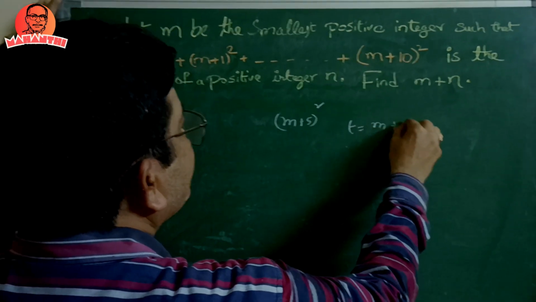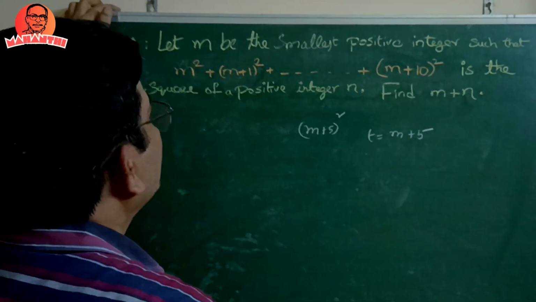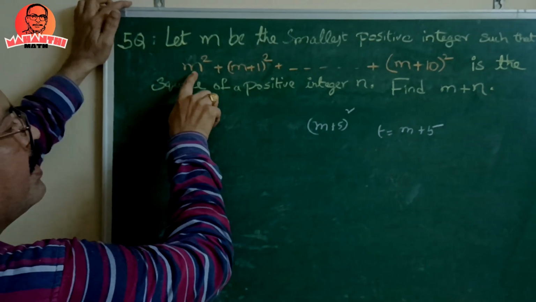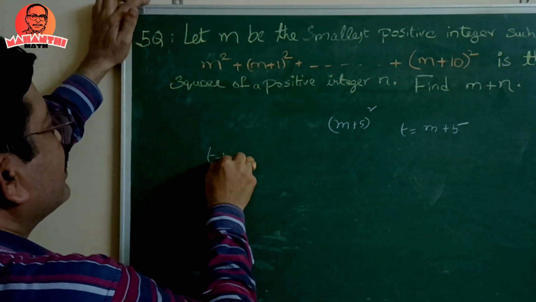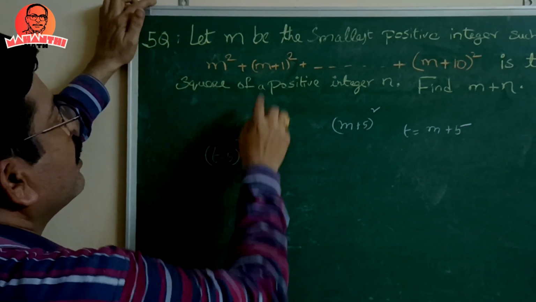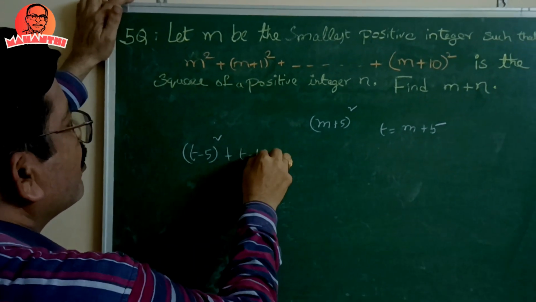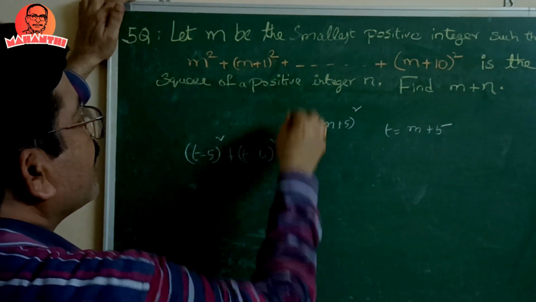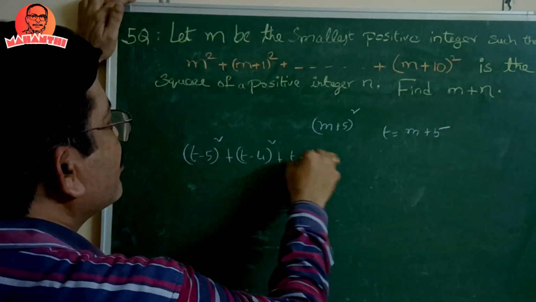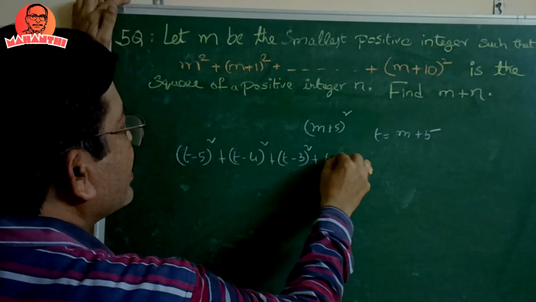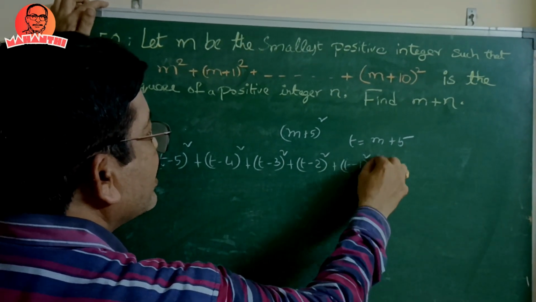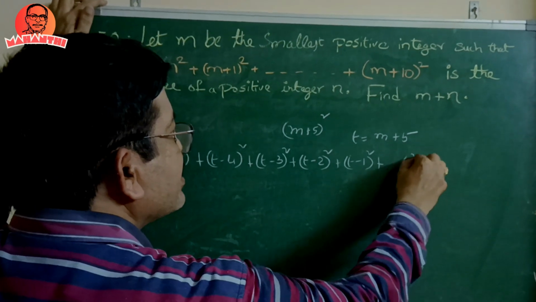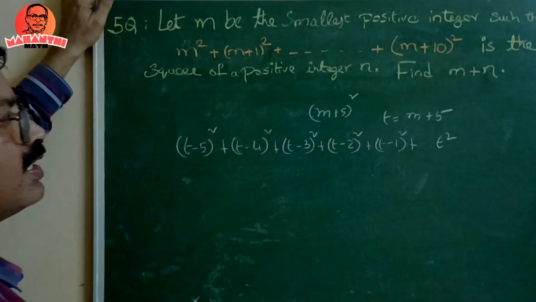Then m will be t minus 5 whole square, this one will be (t−4)², next one will be (t−3)², (t−2)², (t−1)². A middle term is t², that is (m+5)².